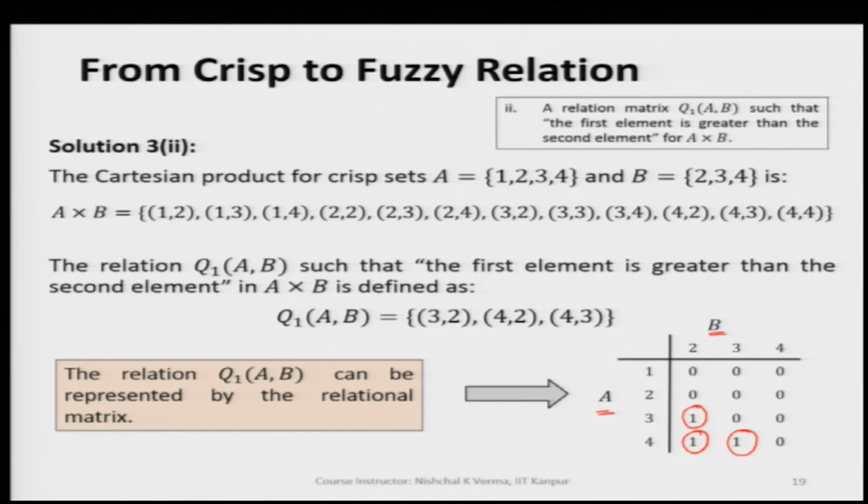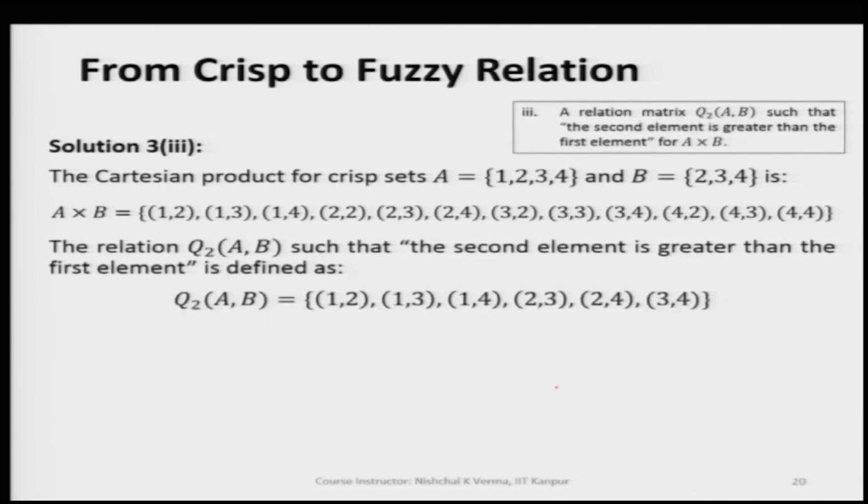Since the pair is present, we write 1 for all the existing pairs and 0 for non-existing pairs. That is why we have this matrix as the relational matrix. So, this is Q1 A B.